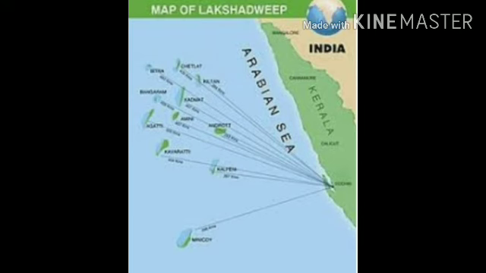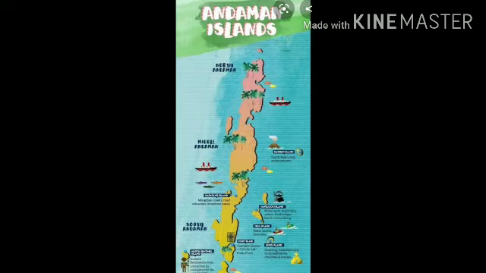There is a chain of islands located in the Bay of Bengal also, extending from north to south. These are the Andaman and Nicobar Islands. They are bigger in size and almost scattered.